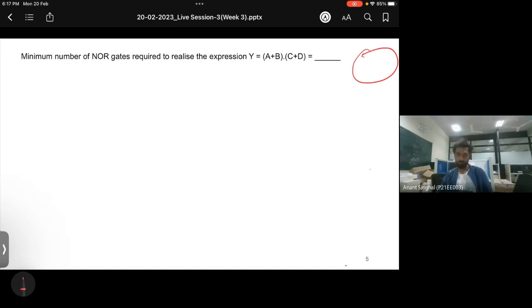Okay, I'm getting the answer 3 NOR gates. Okay, we'll see if they are correct. Everyone, please try to be interactive and attentive enough and solve simultaneously as I'm solving.